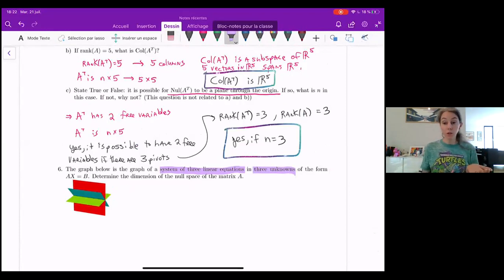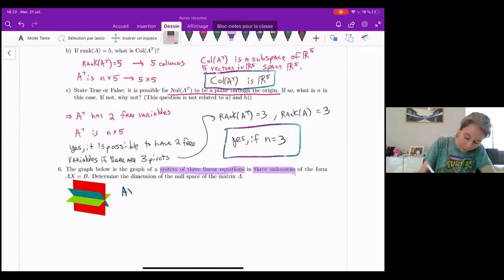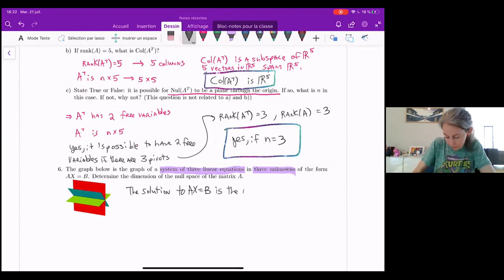Well, we know that the null space has the same dimension as the solution to AX equals B. It's just a point different. It's just taking the solution to AX equals B and sticking it on top of the origin. So here, the solution to AX equals B is the intersection of planes, which we can see is a line.